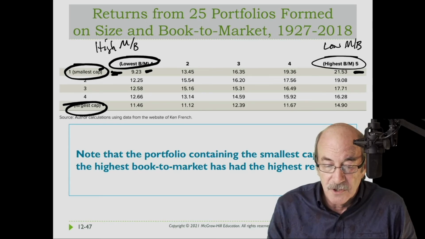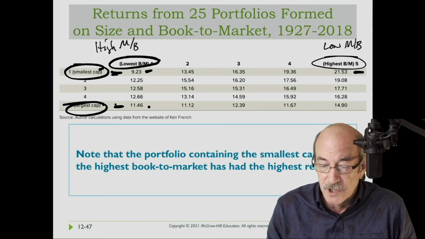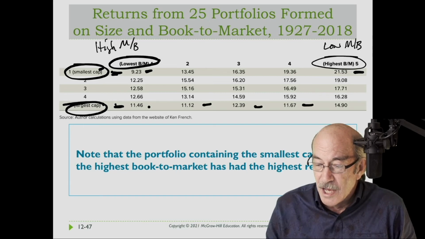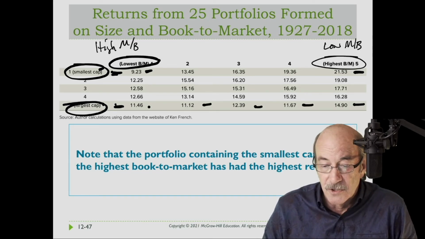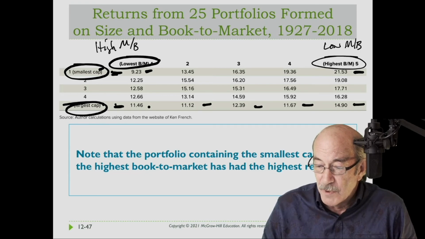And we see, let's go to the large cap, 11.46. Not quite as clear a pattern. It's certainly not monotonic like it is in the small cap. But it certainly looks like there's a trend there, especially on this last one, 14.9.